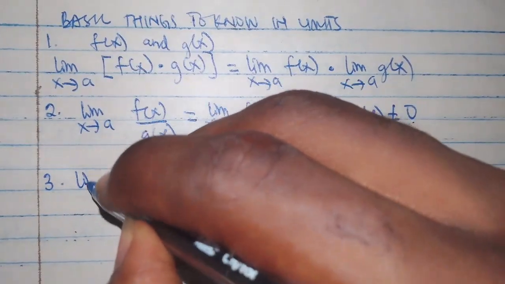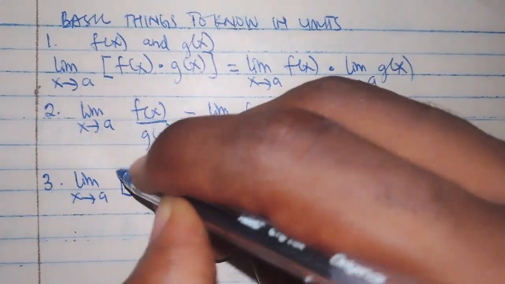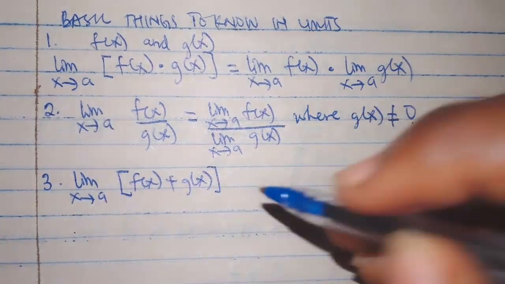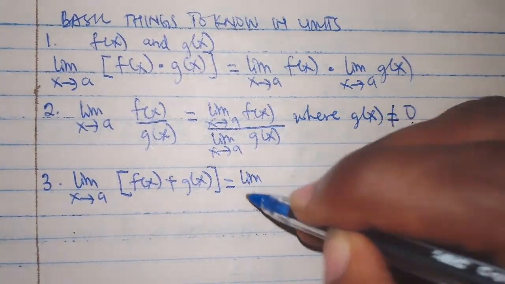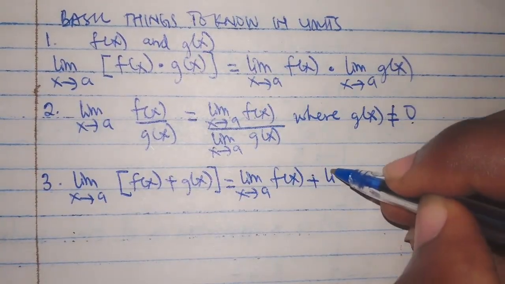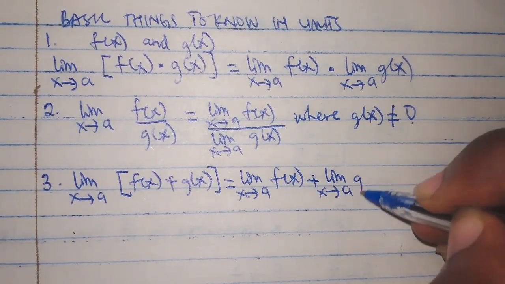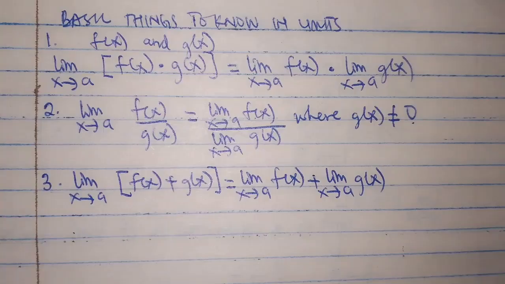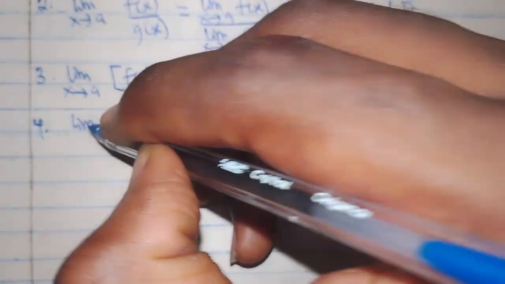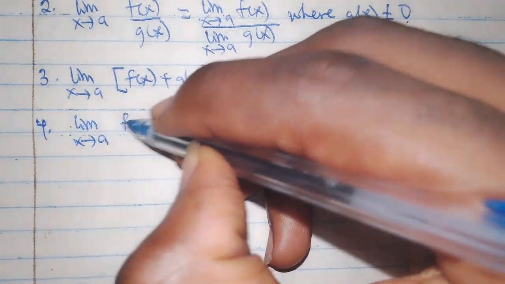Now the third one is addition. So we are saying limit as x approaches a of f of x plus g of x is equal to limit as x approaches a of f of x plus limit as x approaches a of g of x. Now we go to subtraction.